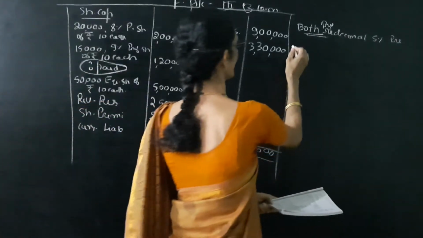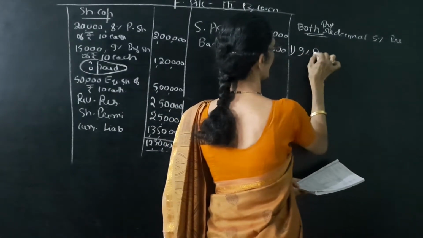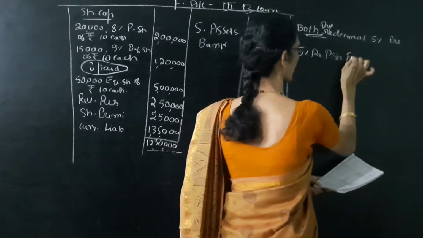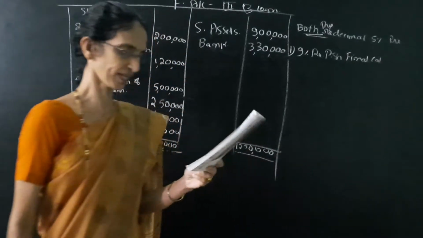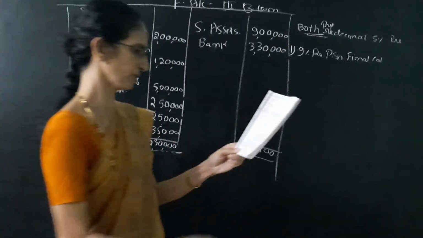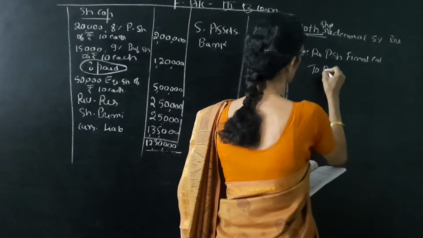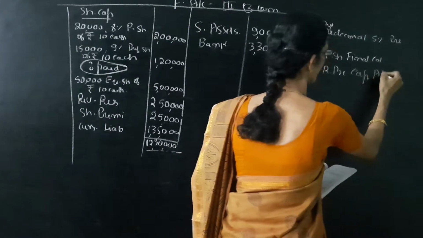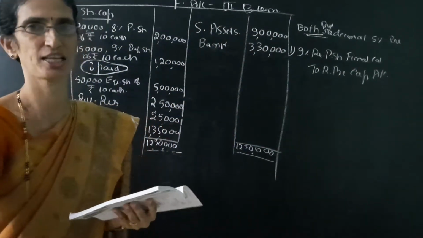The first entry is 9% redeemable preference share final call account debit to redeemable preference share capital account. Before redeeming any preference shares, it should be fully paid share.